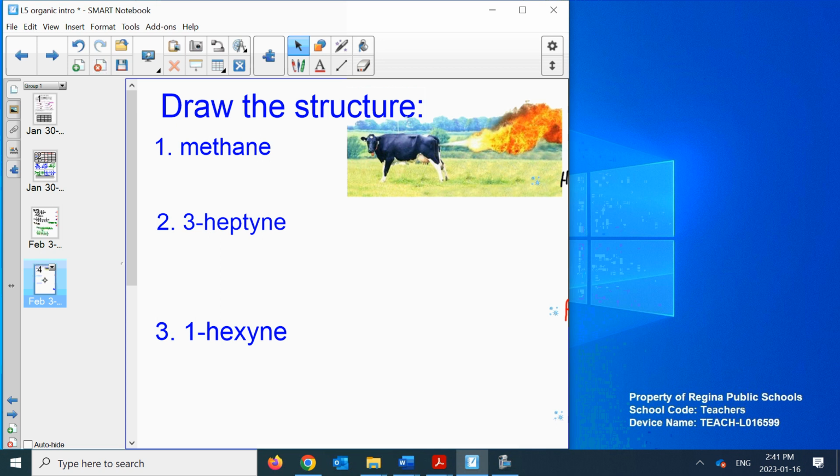Draw the structure. Meth means how many carbons? How many bonds to a carbon? So there must be 4 hydrogens, right? CH4. We're strictly using Lewis structures, by the way, right now, okay? So there you go. Don't worry about 109 degrees and stuff like that. Just draw it in four directions.